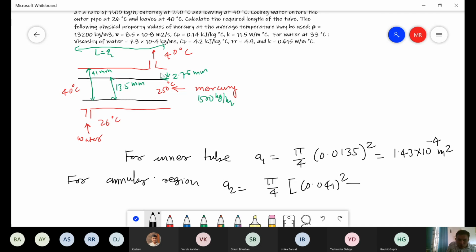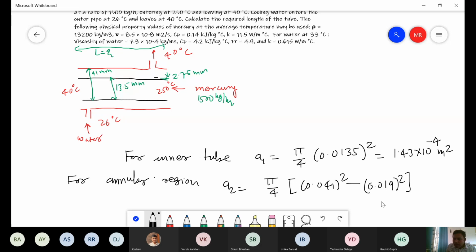But what will be the diameter of the inside pipe? That will be basically 13.5 plus 2.75 on this side as well as 2.75 on the other side. So that becomes 0.019 square.